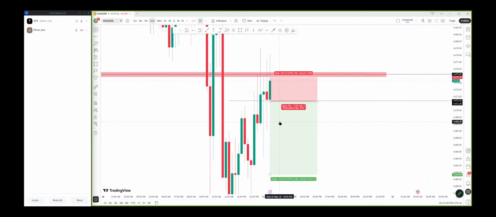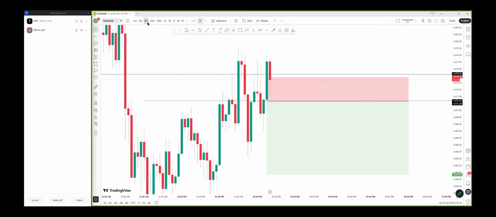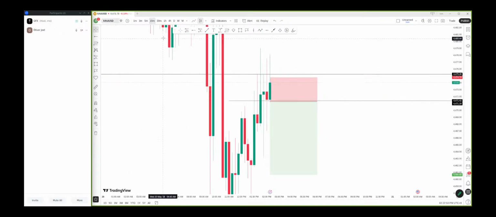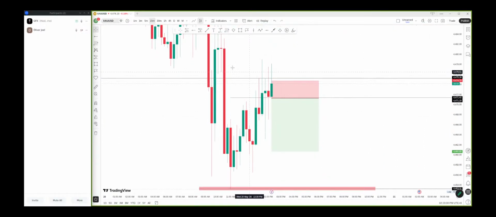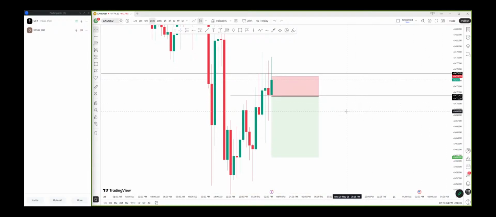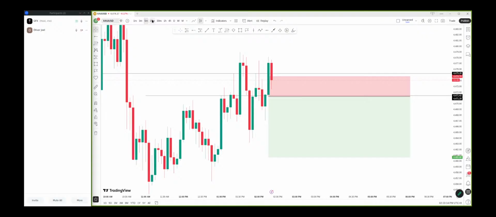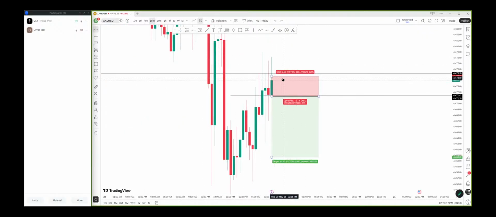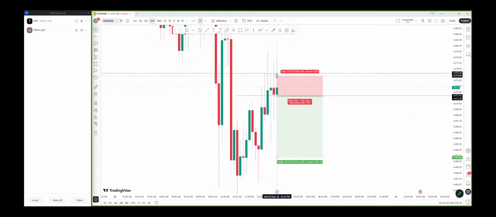7 minutes to go. For the candle flip, because we don't have a bottom wick, we're going to go in with an impulse entry.